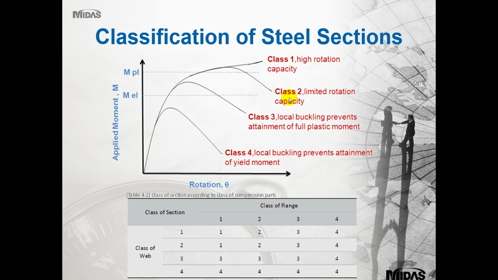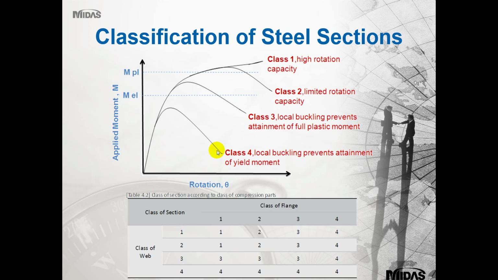And then you've got the class 2, which has a limited rotational capacity, which will go into its plastic state before buckling, but then will go back down through its elastic state when it's gone past the failure stage. Class 3, where local buckling is prevented before it reaches its full plastic state, and class 4 will buckle before it's even reached its elastic state. So those are the classifications of the section.